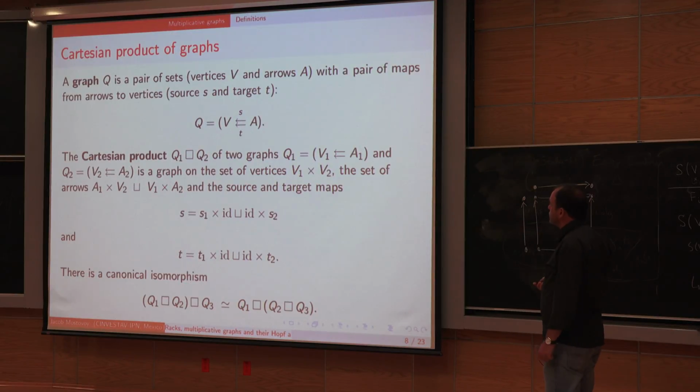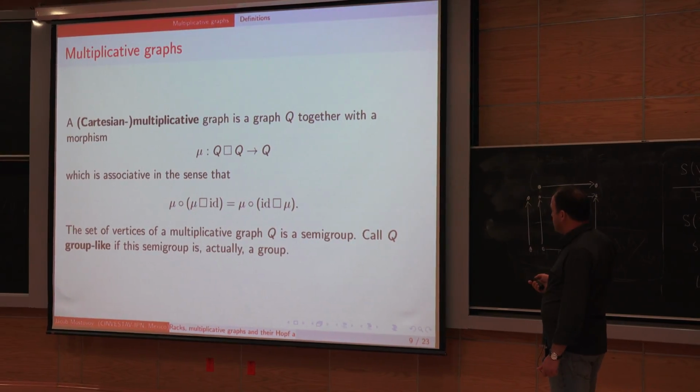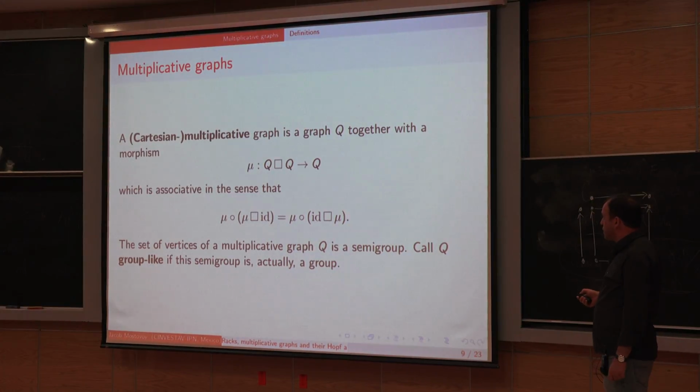So let's call a graph Cartesian multiplicative in some very naive way if it comes with some sort of multiplication, which is a graph morphism from the Cartesian square of Q to Q. And the associativity makes sense here.